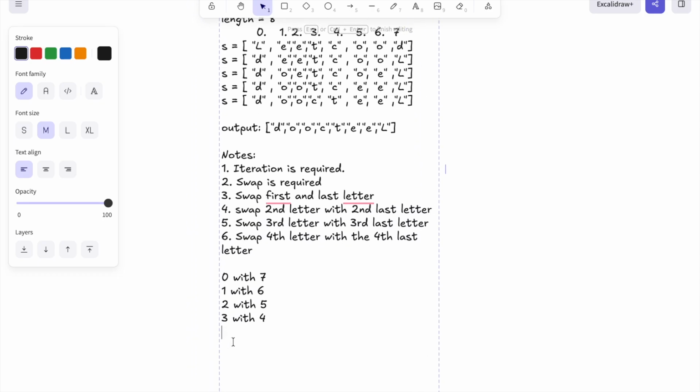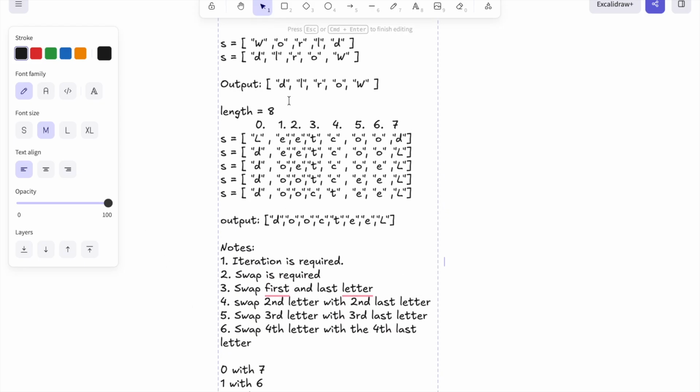So do you recognize that we are kind of moving inward and we are trying to swap based on the index? So first letter will go with last letter, second will go with second last letter, third will go with third last letter. Can we say that I will be swapped with length minus I minus 1?